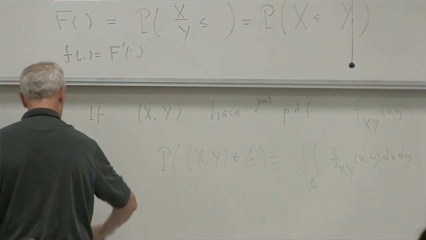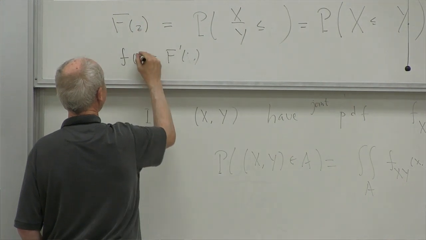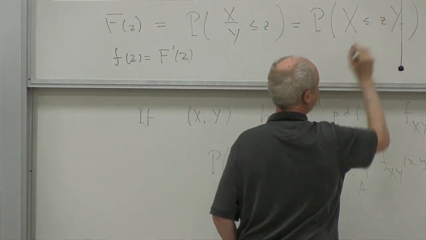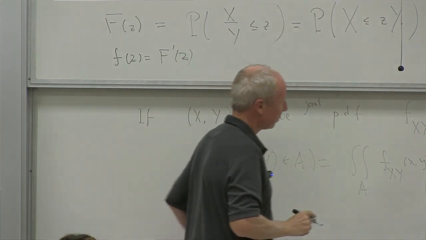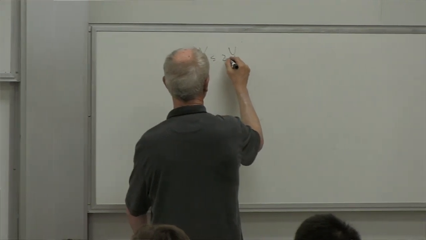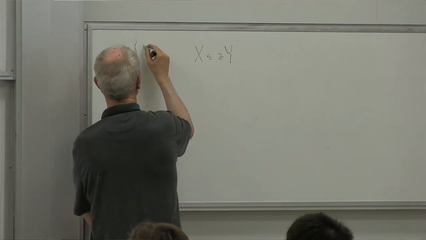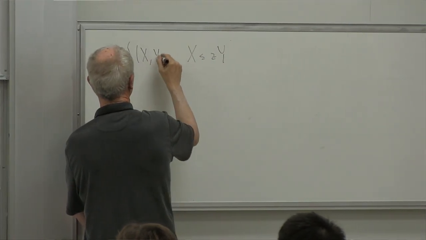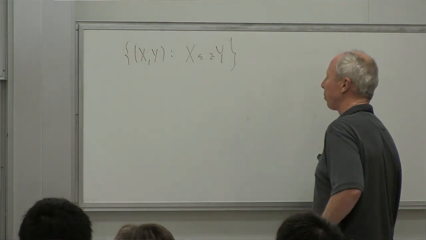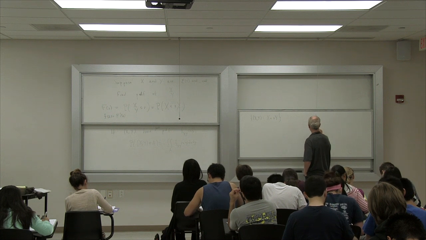Notice it only took one person to say sure for me to do it. So I'm interested in the event that the pair X, Y satisfies capital X less than or equal to Z times capital Y.